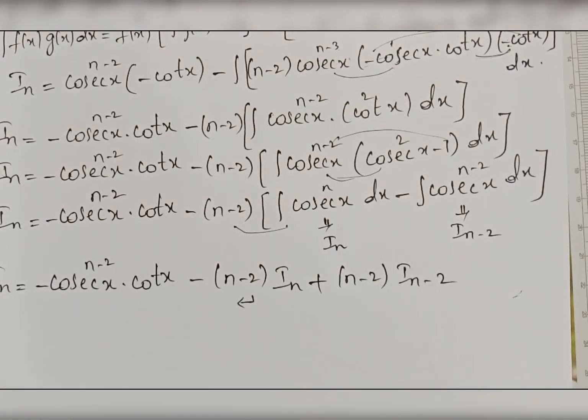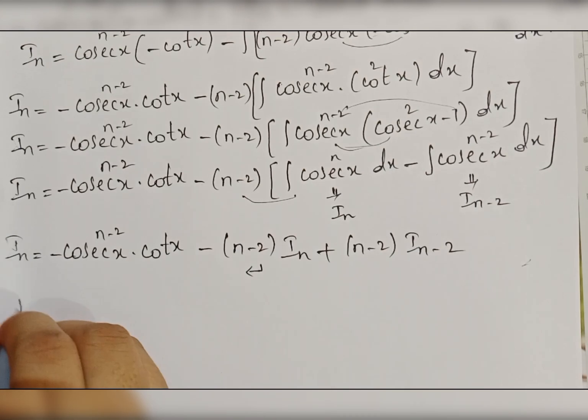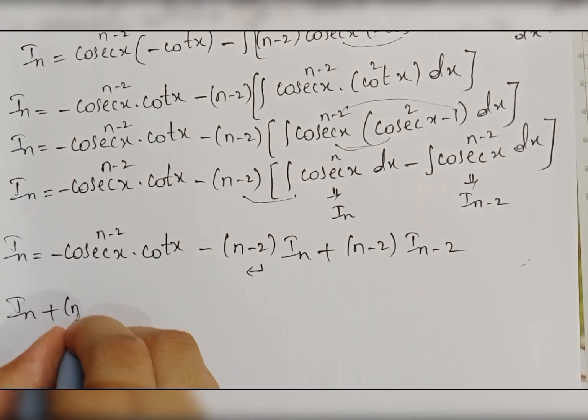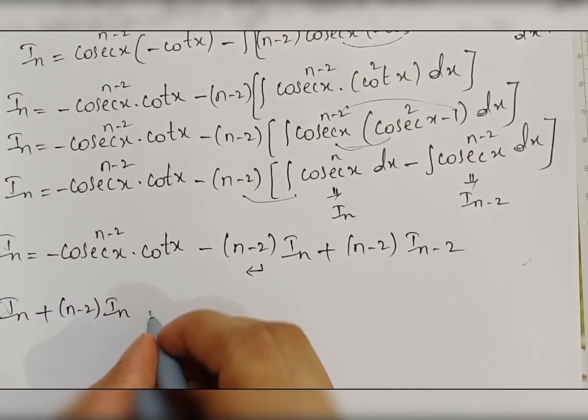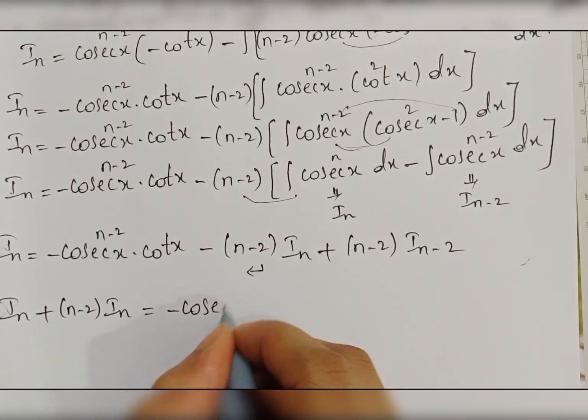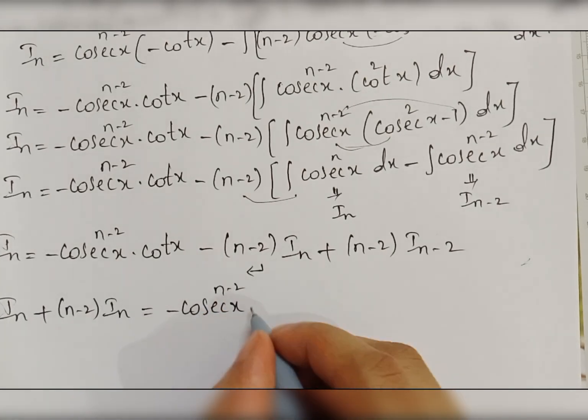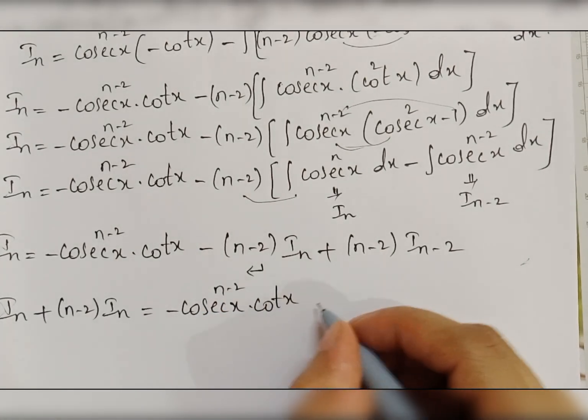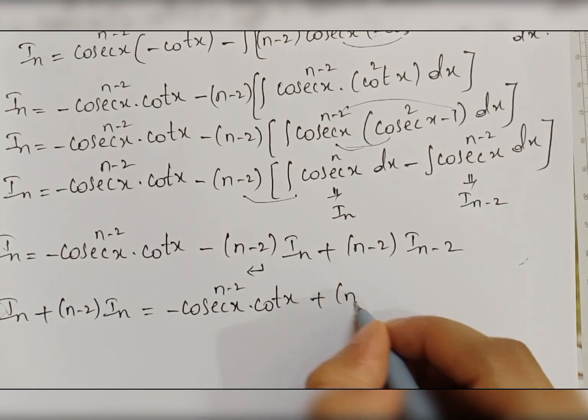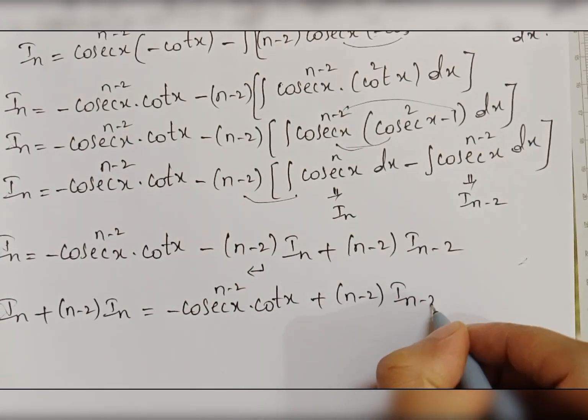Now transposing this term to that side, we'll get I_n plus n minus 2 into I_n is equal to minus cosecant x power n minus 2 into cot x plus n minus 2 into I_n minus 2.